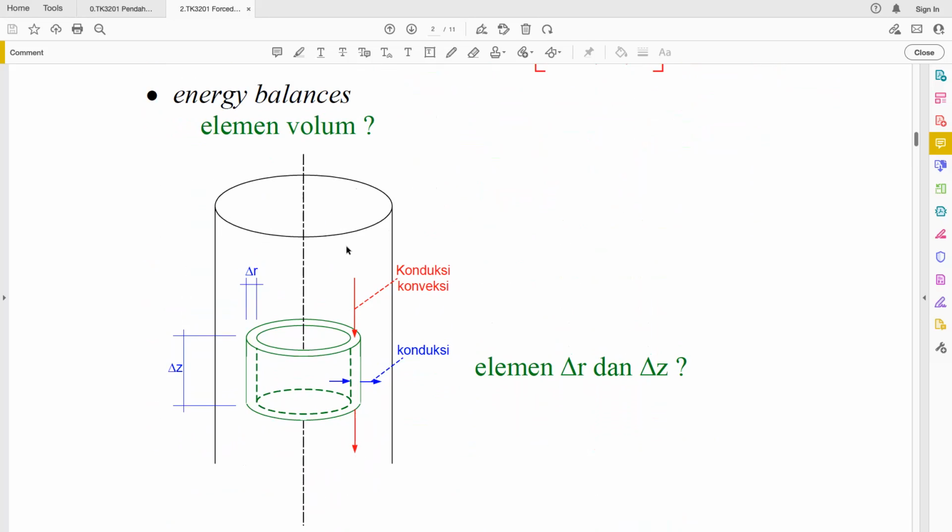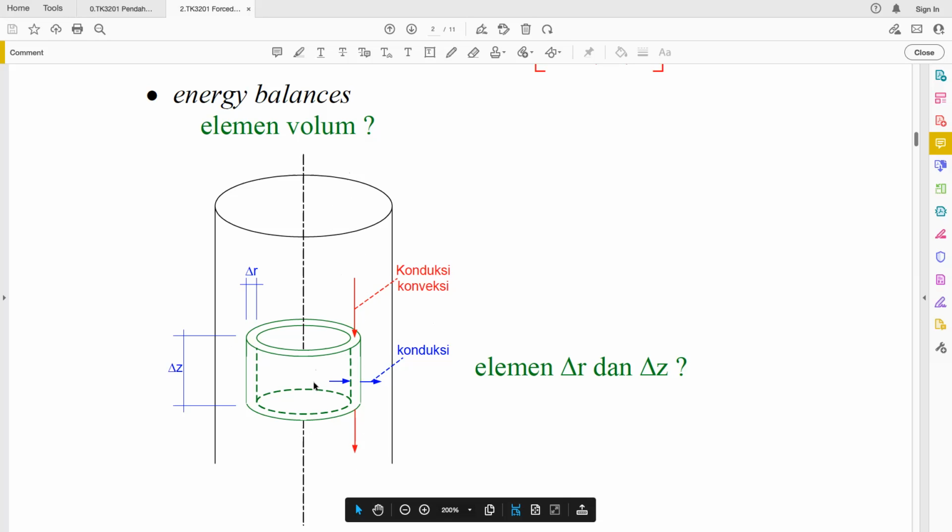Because there is a difference in temperature here. If there is any difference in temperature, then you should think about conduction. The second one, because there is a flowing fluid with some difference of temperature, you need to consider convection there.